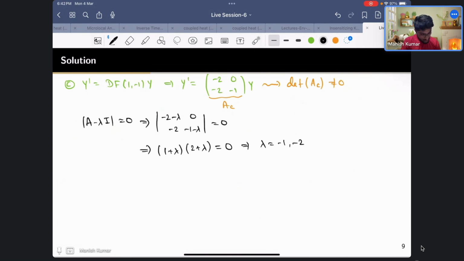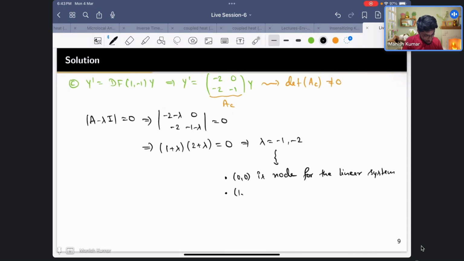So in this case, 0 0 is a node, and in fact here you have a stable node. So 0 0 is a node for the linear system, and we have linearized around 1 comma minus 1, so this 1 comma minus 1 is a node for the nonlinear system.